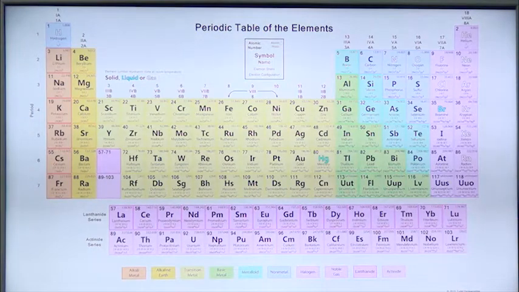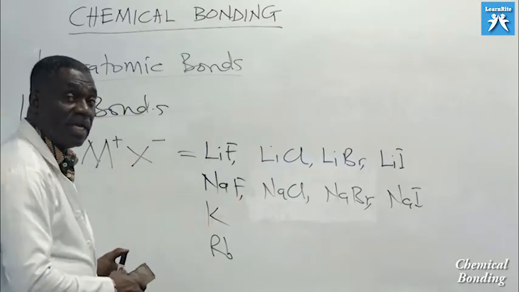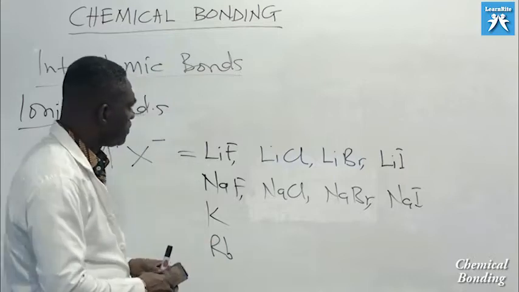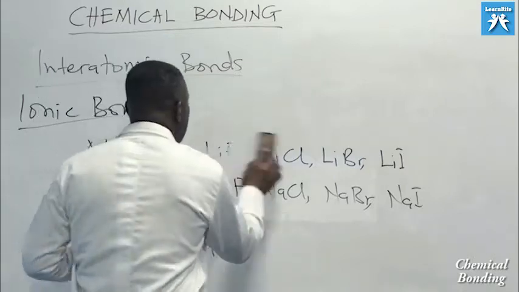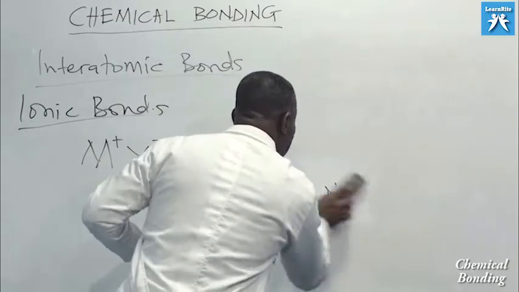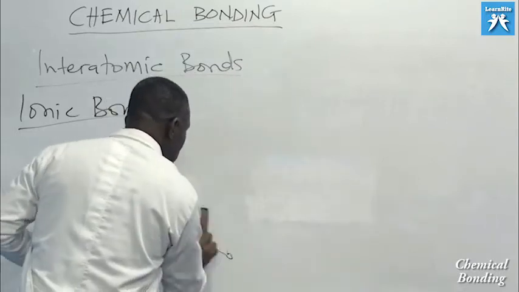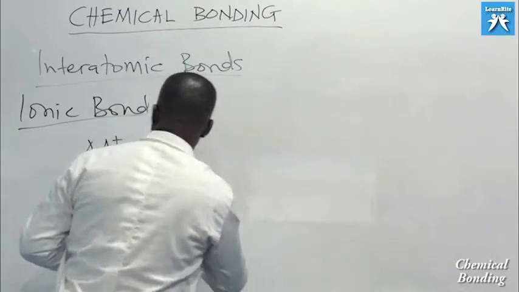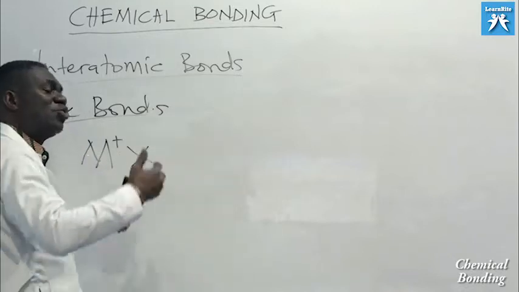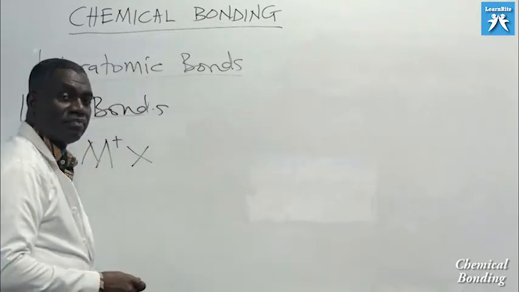Now, another formula that we can derive from here. I'm going to change the metal. Another example will be, I'll take a group 2 element and combine with group 7.